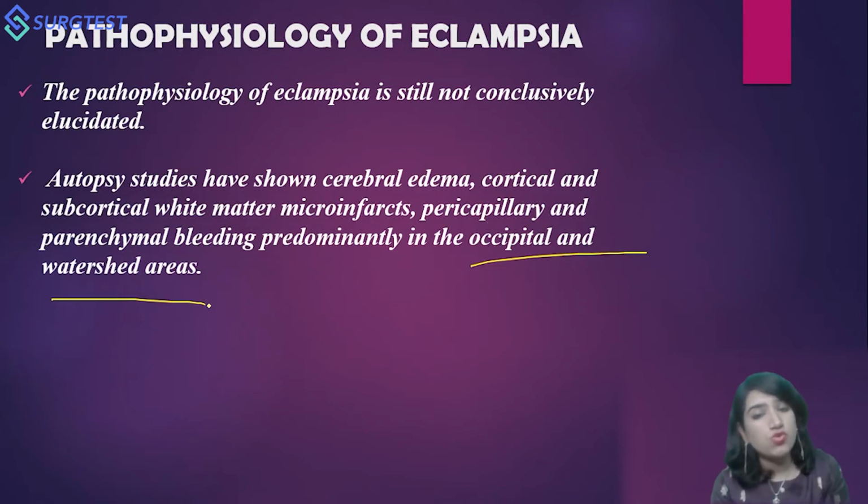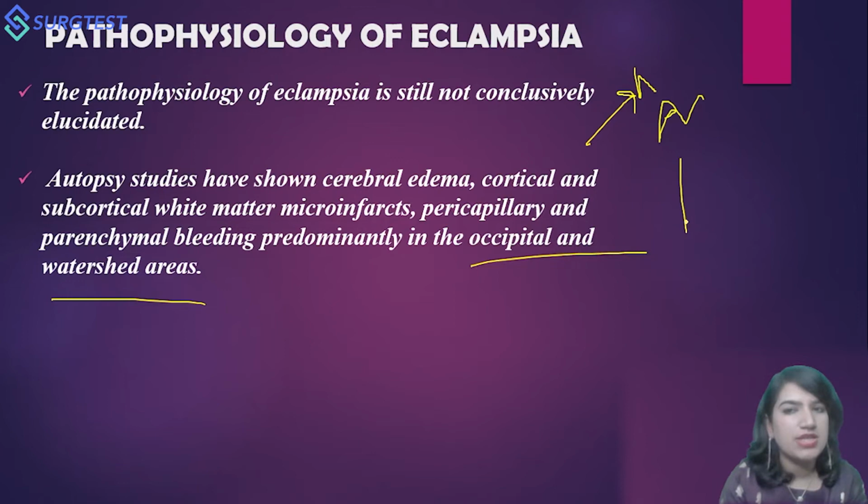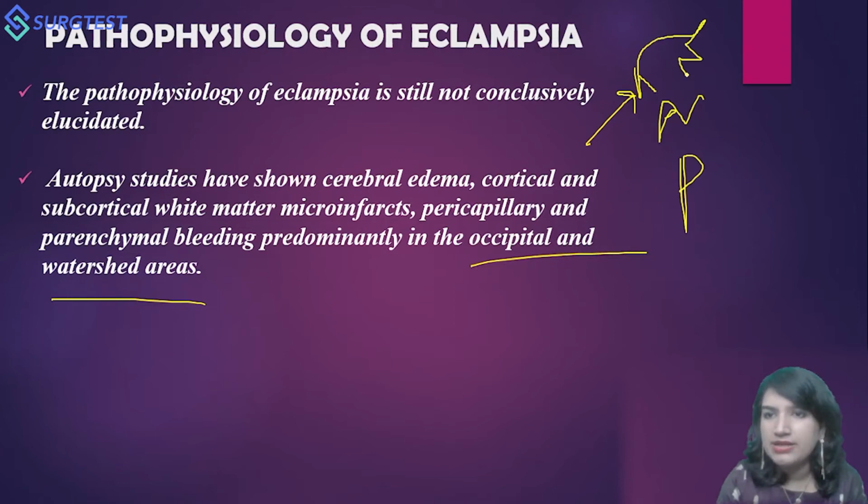visual disturbances, scotomata, etc. And what are the watershed areas? We know that the brain is supplied by the anterior cerebral, the middle cerebral, and the posterior cerebral arteries. The anterior cerebral supplies some part, then there is the middle cerebral.